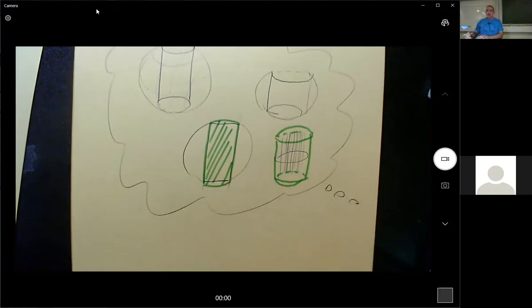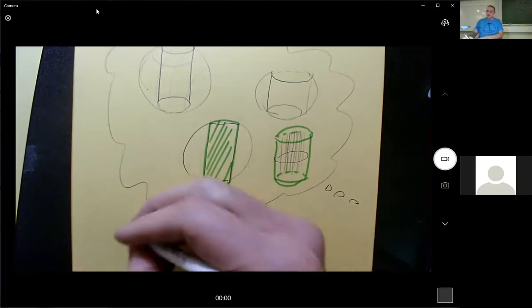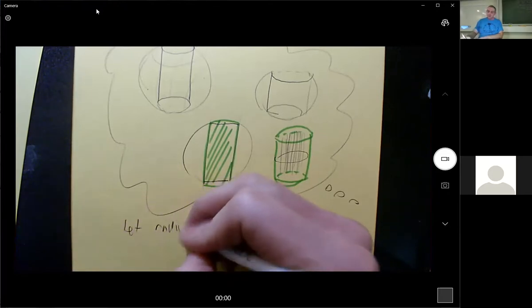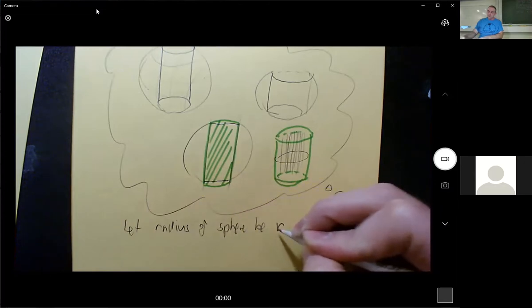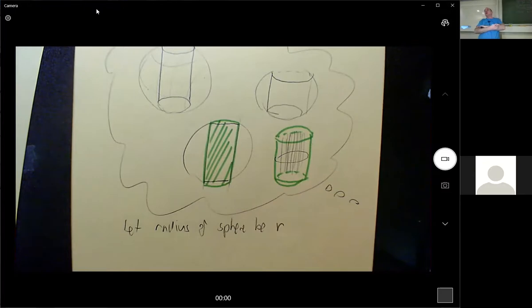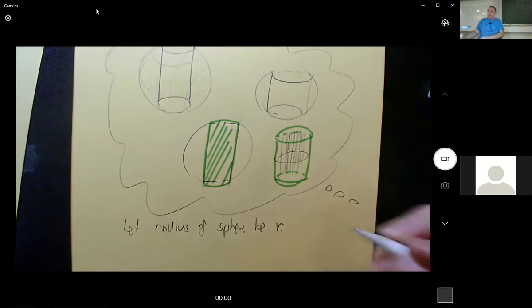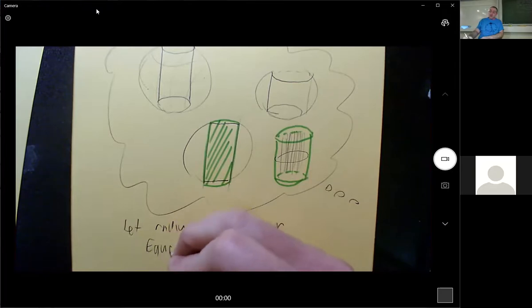So now I have to locate every point in the thing that I'm doing the integral over. It will help to locate every point on the sphere too, so I'll do that as well. I'm going to let the radius of the sphere be r, so that I can create an equation for the sphere itself.